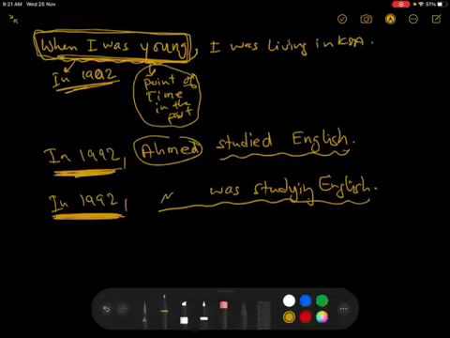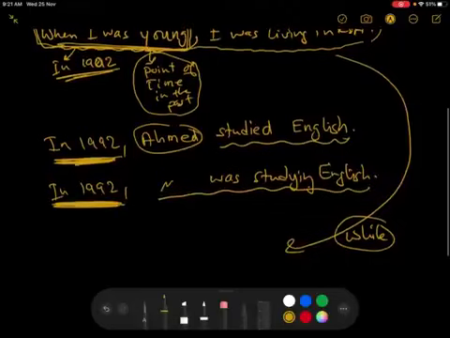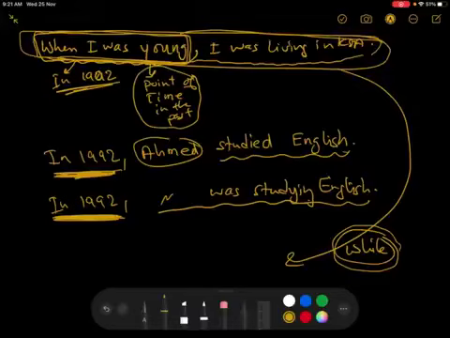You can tell this sentence in a different way and use while. That's the most common conjunction used with the past continuous.